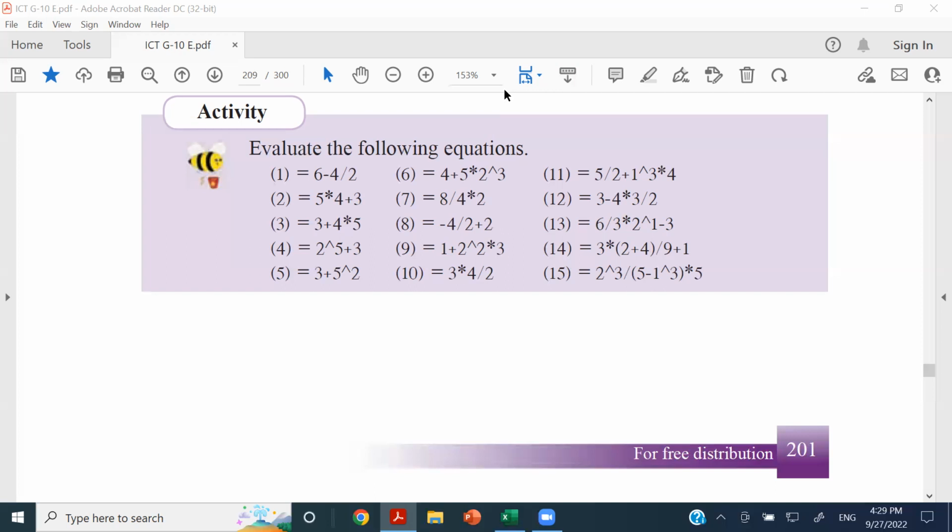Sir, if I have a question, is it 2 to the power 5 in the fourth one? Yes, this explains 2 to the power 5 plus 3. That means 2 to the power 5 is 32. Then plus 3 gives you 35. Okay, sir, thank you.